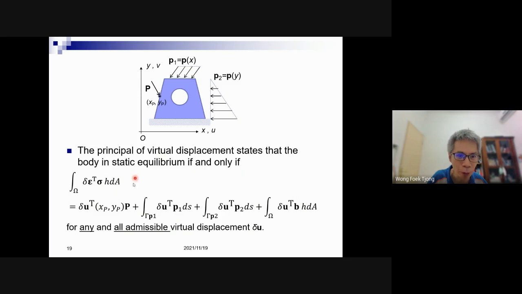If your proposal is correct, it means the exact solution for this problem. It means I can choose any virtual displacement, and this should be true.